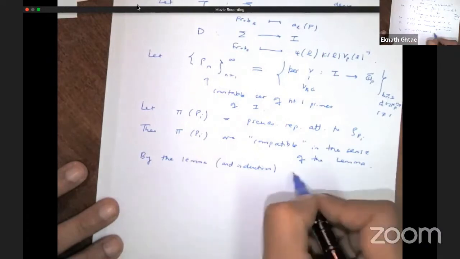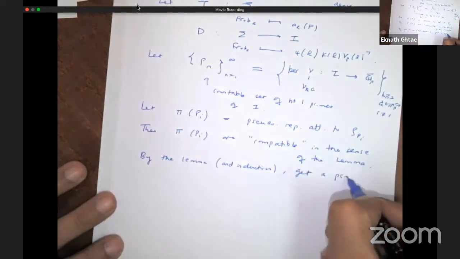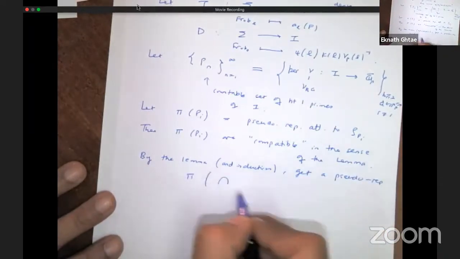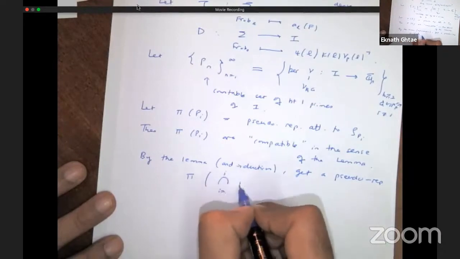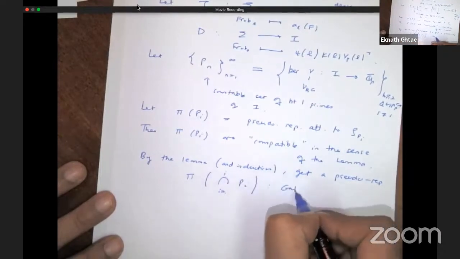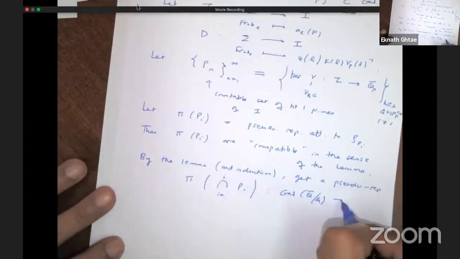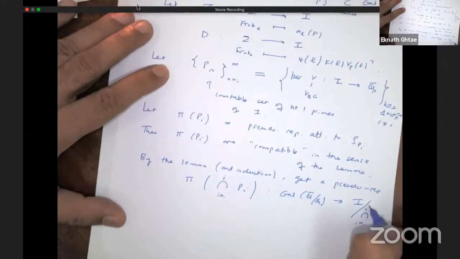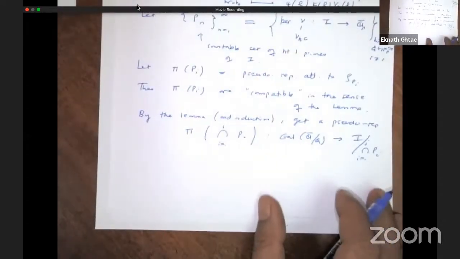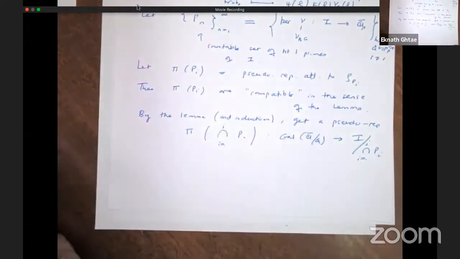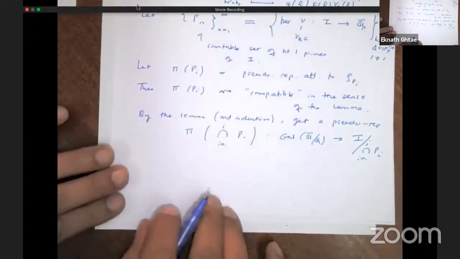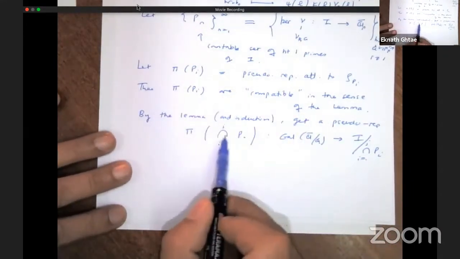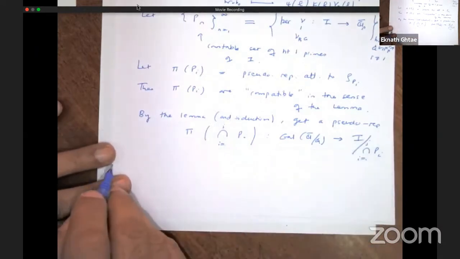You get a pseudo representation pi from the Galois group of Q bar over Q to I modulo the intersection of P_i for i equals 1 to J, but I'm taking many, many primes now, with some property which was the conclusion of the lemma. But at least you can glue these finitely many pseudo representations together to get one on I mod the intersection.